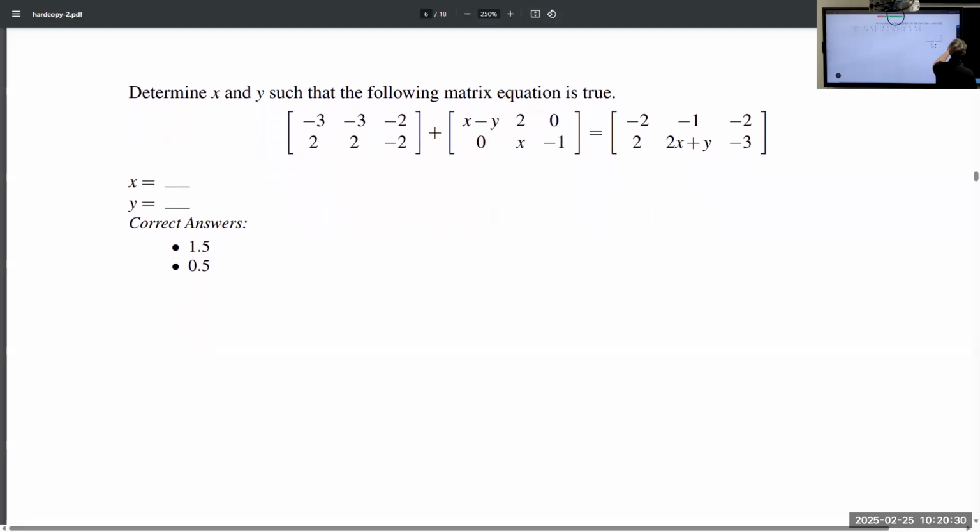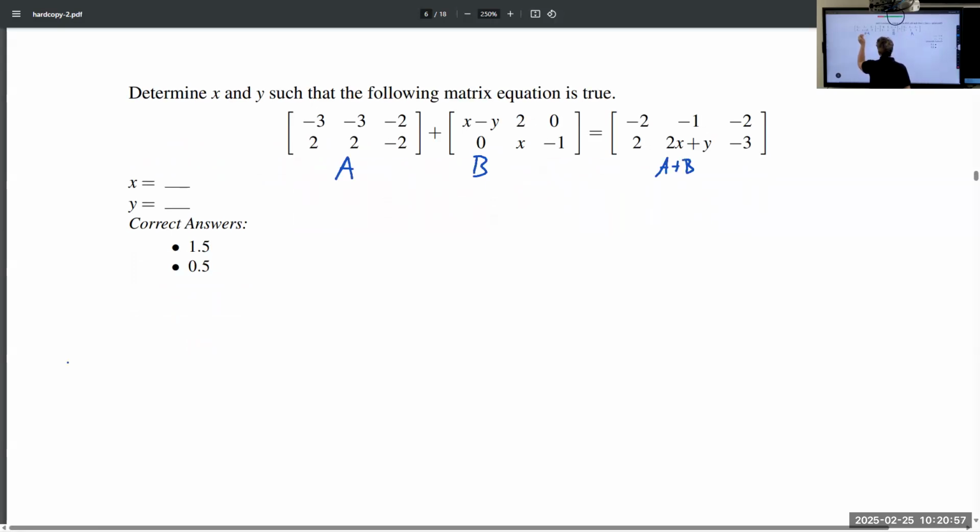Here comes the first, I don't want to say difficult because it's not that bad, but here comes the first not completely trivial problem. It says determine x and y such that the following matrix equation is true. We have two matrices and they're adding to another matrix. So like before we have A and B, adding together.